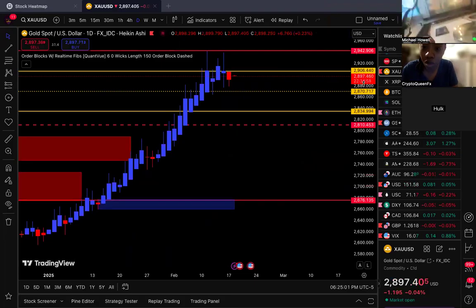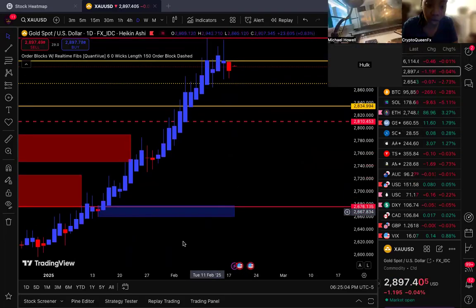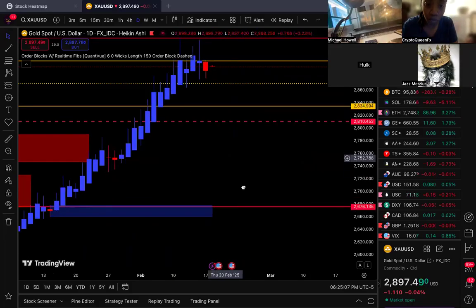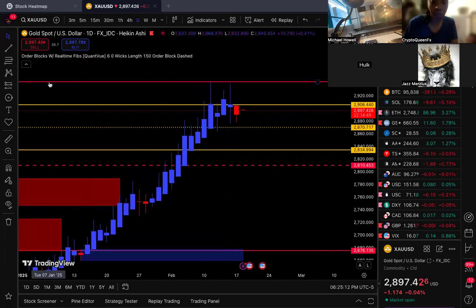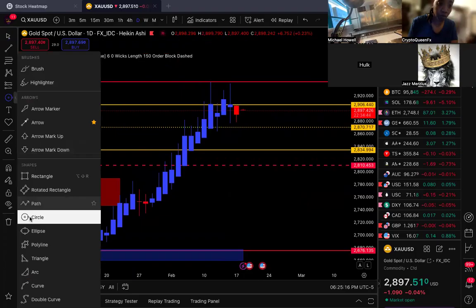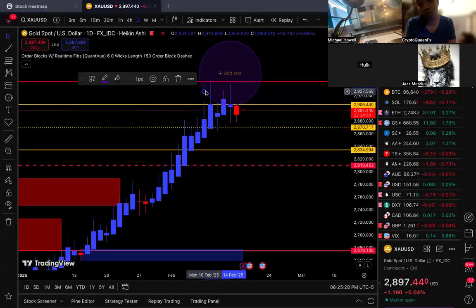But yeah, and look, gold is rejecting the weekly high right now, and we got a retest right here. That's your sell confirmation.